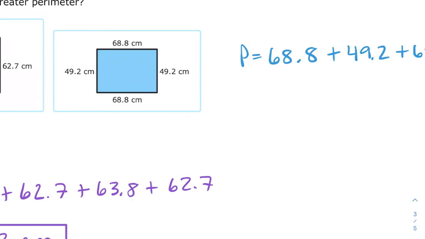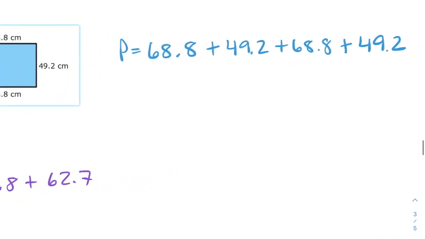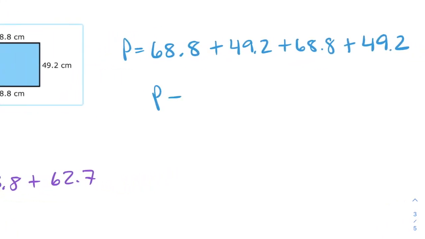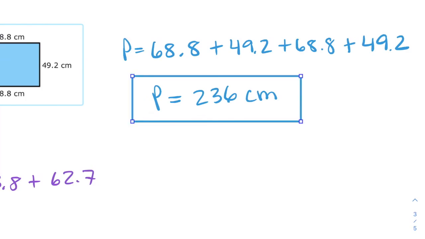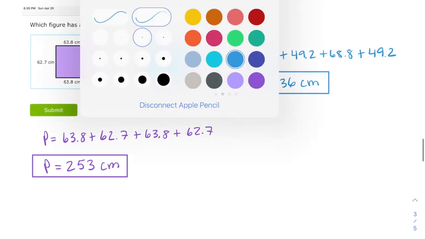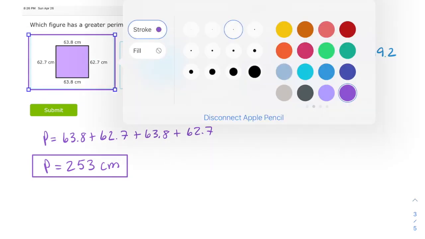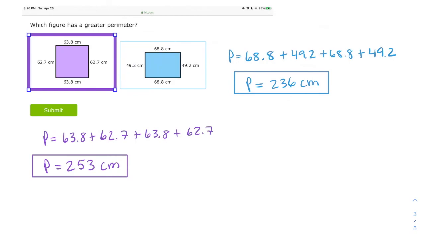Okay, so it appears that this one has a perimeter of 236 centimeters. So this one over here, this one in purple, has the greatest perimeter.